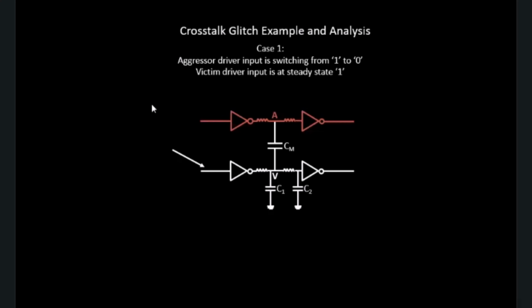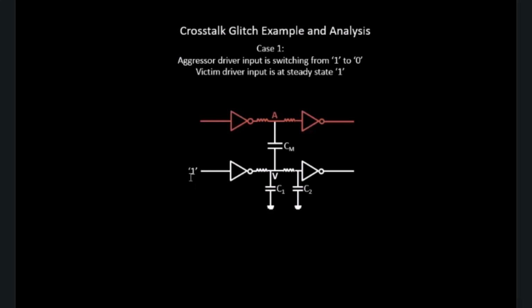So we have a waveform going from logic 1 to logic 0 at the input of the aggressor driver, and the victim driver input is at a steady state logic 1. Let's say some functionality over here makes it logic 1. Let's assume there is some circuitry present over here which wants this particular input to be at logic 1 at this point of time.